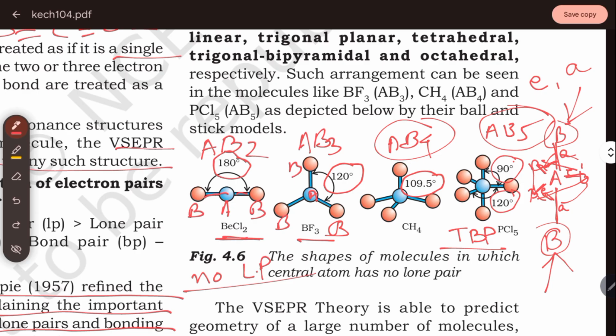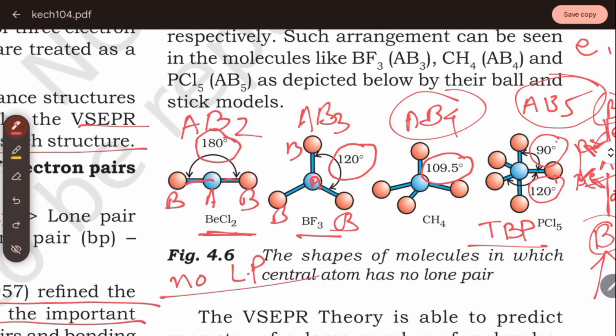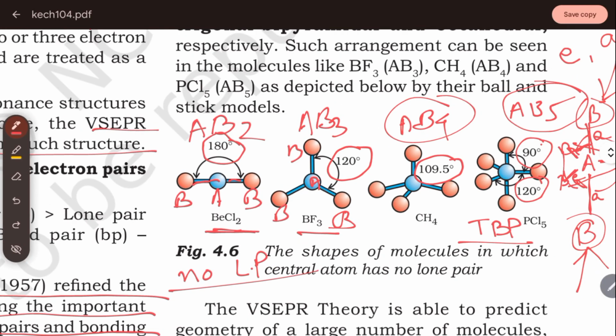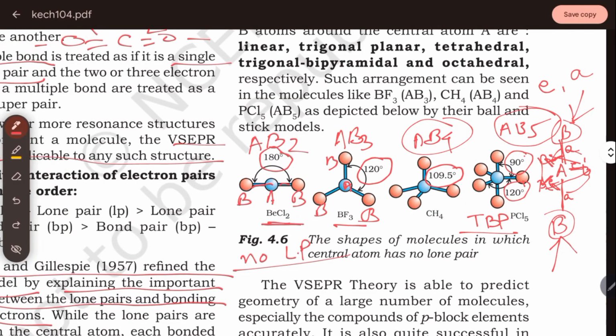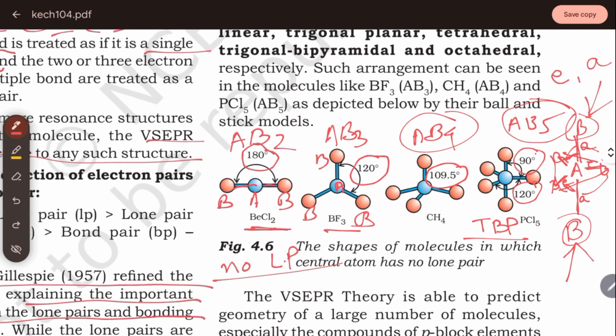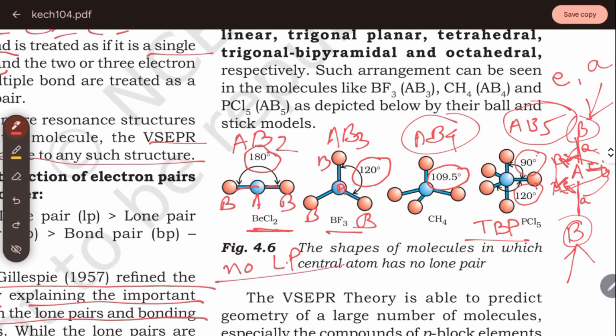So I have said two important things regarding the TBP structure, the trigonal bipyramidal structure. Number one, there are two types of bonds: three equatorial bonds forming a trigonal plane, and two axial bonds perpendicular to the trigonal plane. The equatorial bonds are more stable because they experience less repulsive interaction.